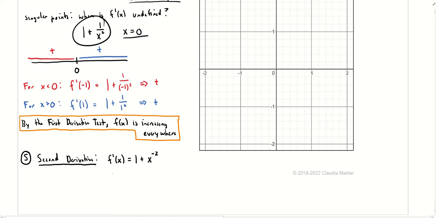So my second derivative is the derivative of this. So f prime prime of x is going to be derivative of 1 is 0. Derivative of x to the negative 2 using the power rule is going to be negative 2 times x to the negative 3, which is the same thing as negative 2 over x cubed. So that's my second derivative.